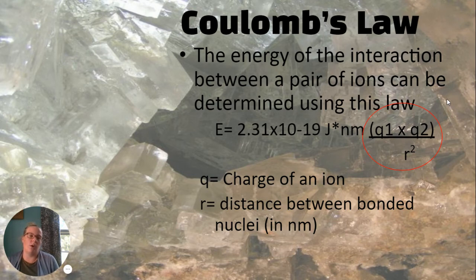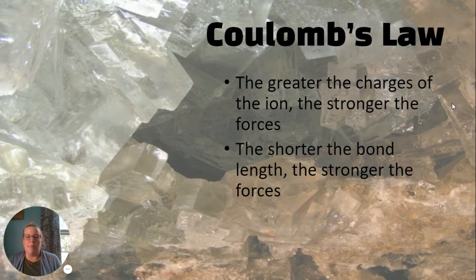And so what I'm going to do is go over a couple of examples with you in the next video. The two big takeaways when we talk about Coulomb's law is that most of the time they are going to be talking about things that have different charges with their ions. So we'll compare something with one charge and another compound with another charge, or we will compare two things that have similar charge and then different distances for the bond length.